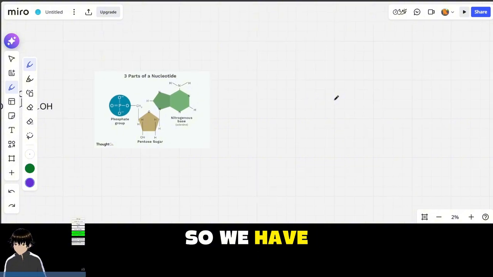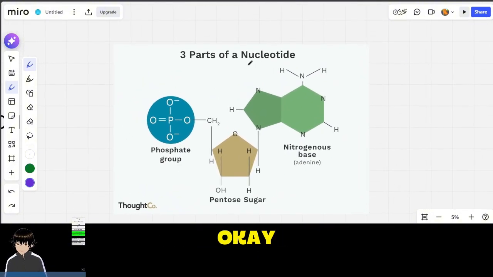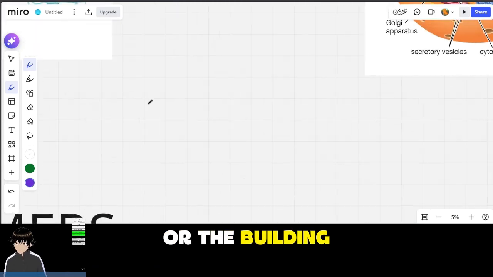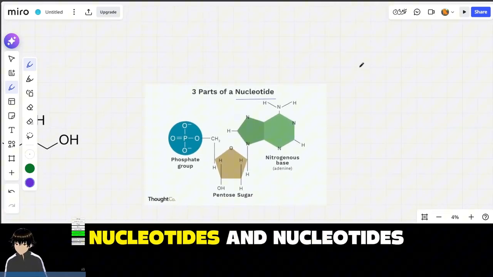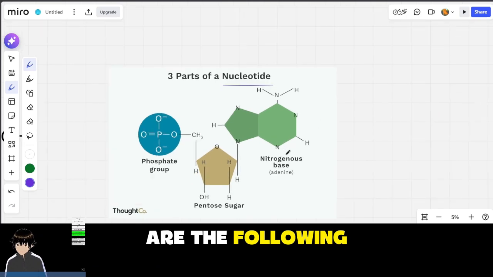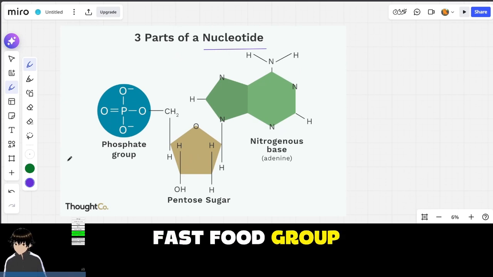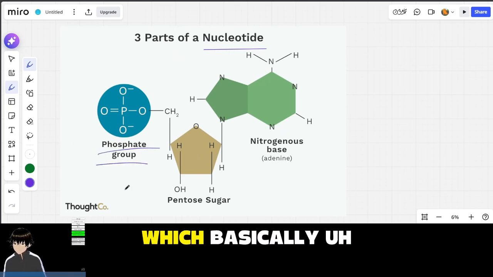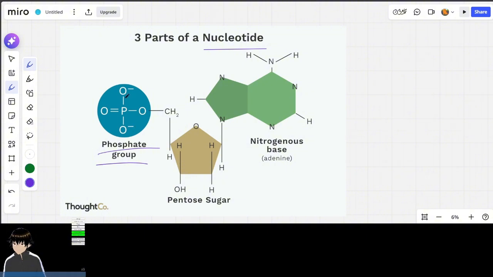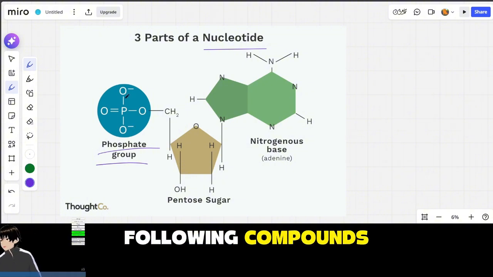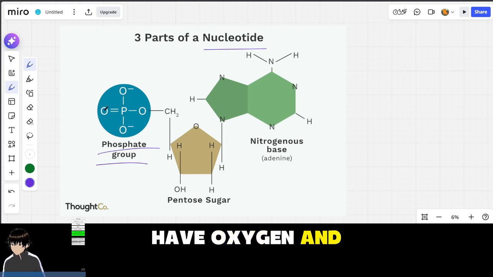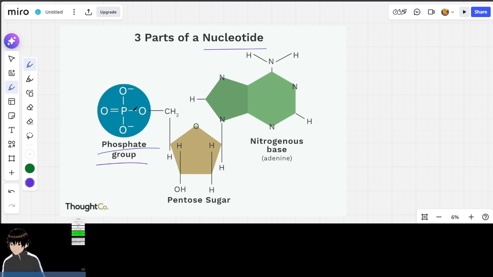So we have the three parts of a nucleotide. Okay, so the monomer or the building block of nucleic acids are nucleotides, and nucleotides are basically composed of the following. We have the phosphate group, which basically consists of the following compounds. Okay, so we have oxygen and probably phosphate or phosphorus, I don't really know.